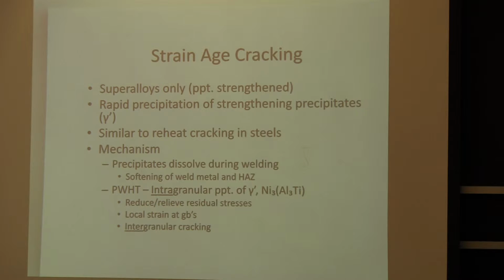And then after you've made your weld and you've created that softened region around the weld, you want to post-weld heat treat to restore the properties, and you get intragranular, which means within the grains, precipitation of that gamma prime strengthening precipitate.